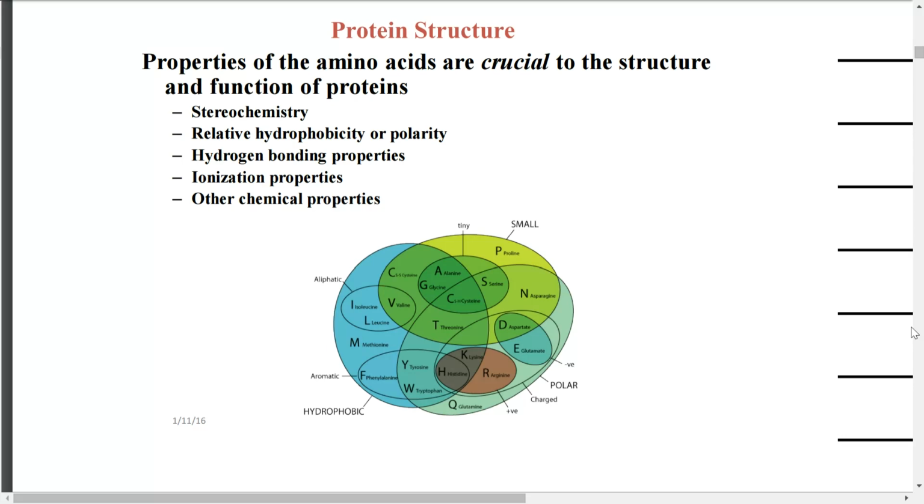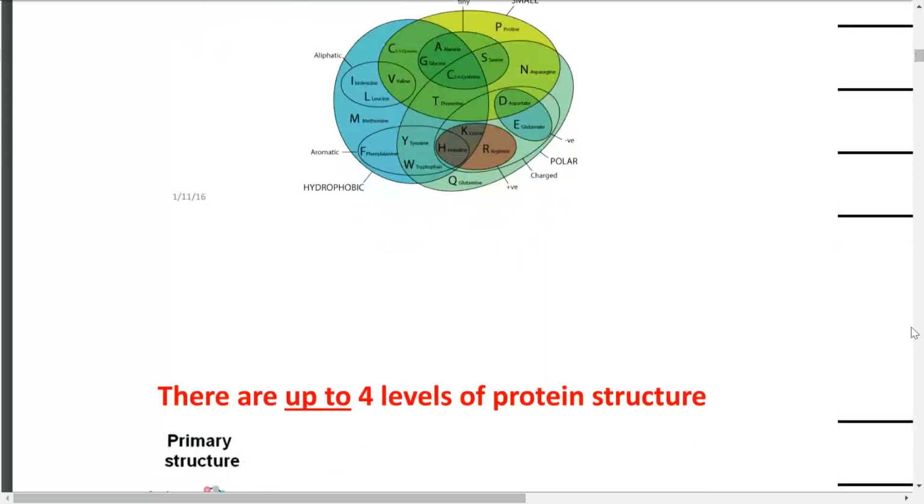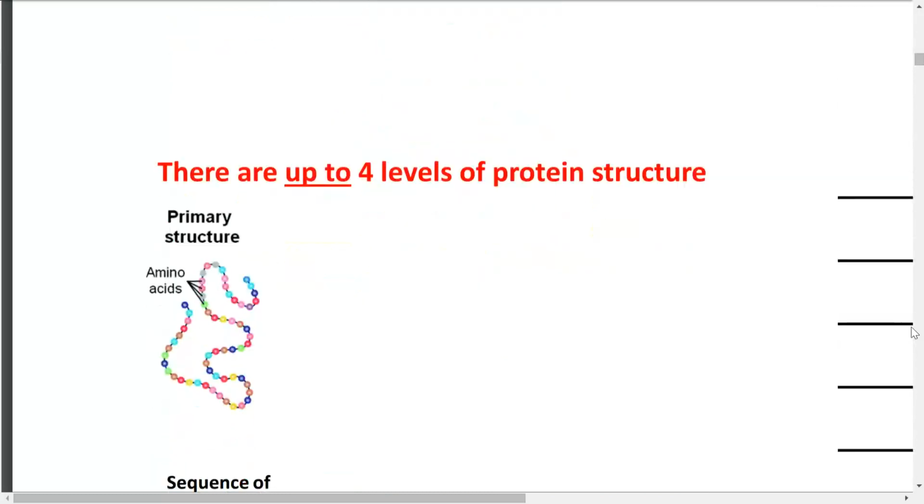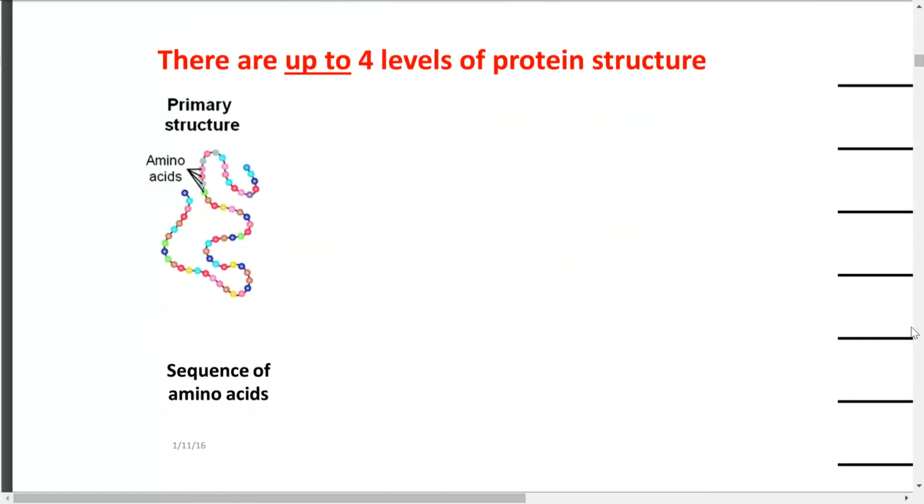So there are 4 levels. The simplest is just the absolute sequence of the polypeptide from the amino terminus to the carboxyl terminus. We have lots of possible combinations because we have 20 amino acids, and it's the absolute sequence that ultimately determines the function of those molecules.